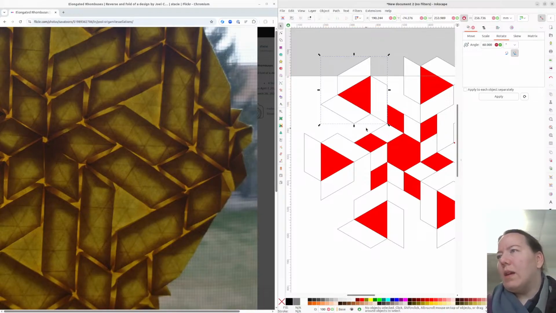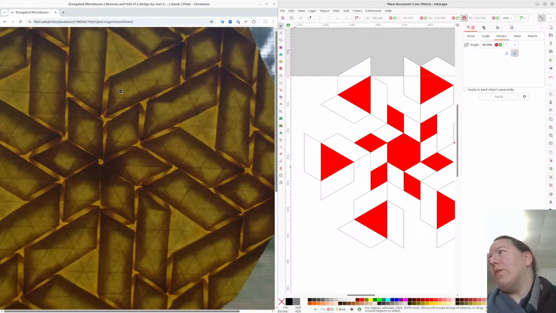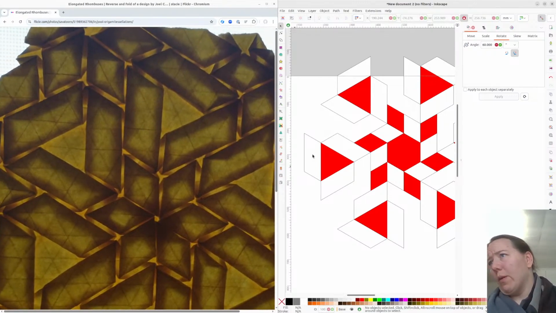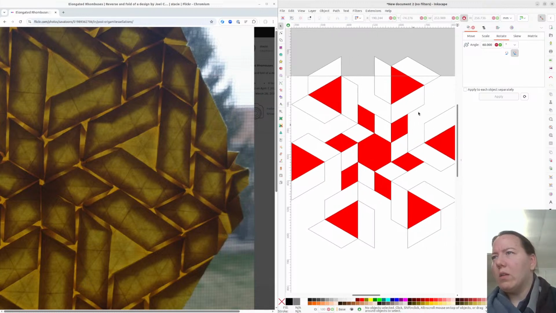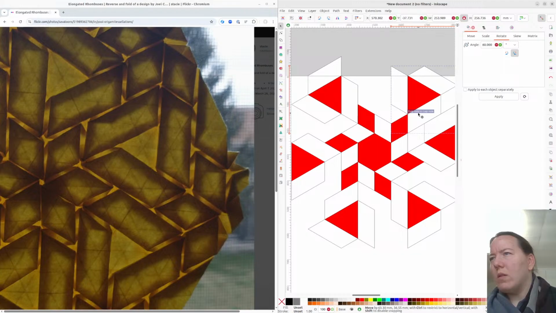Yeah, the interesting thing is when you go from a folded form to a tiling, it's not going to look exactly like the folded form. And so there will be some weird things going on. And actually, maybe this would be on this side of it.